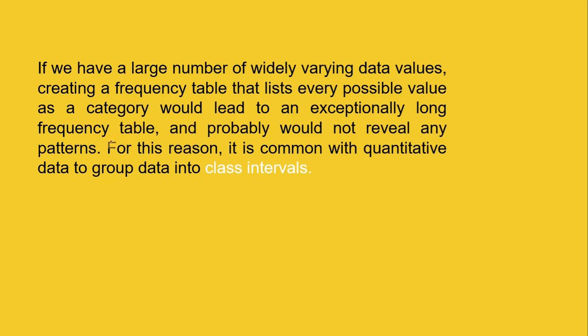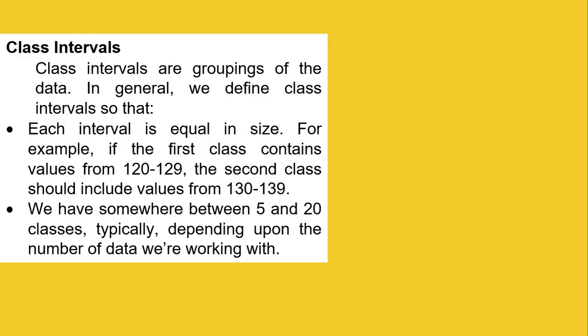If we have a large number of widely varying data values, creating a frequency table that lists every possible value as a category would make a very long frequency table. So you list each, and this would not help you in looking at the patterns. So for this reason, we have class intervals. Class intervals are groupings of the data. So you're shortening it into groups and then you're counting the frequency.